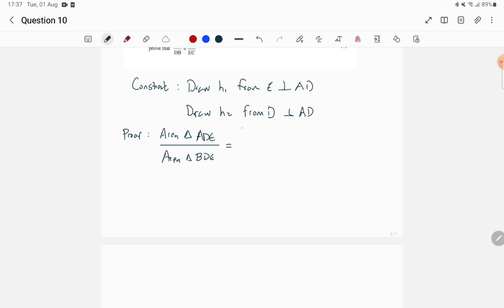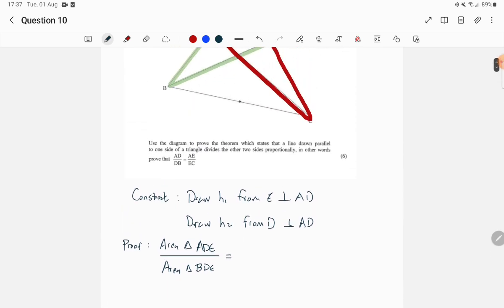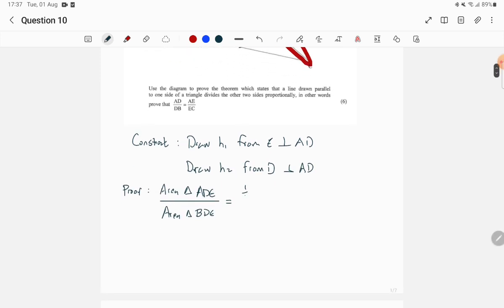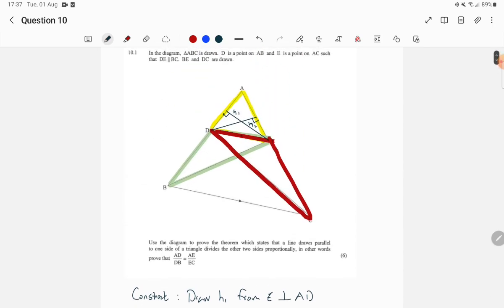And if we equate that, ADE is half base times height, so half AD and the height in this instance is H1, which we drew. So half AD times H1, and at the bottom, H1 would be the perpendicular height for both, because for DBE the perpendicular height is also H1.